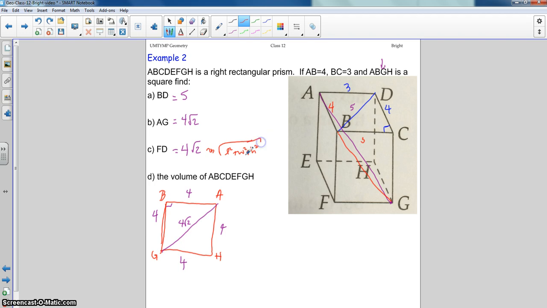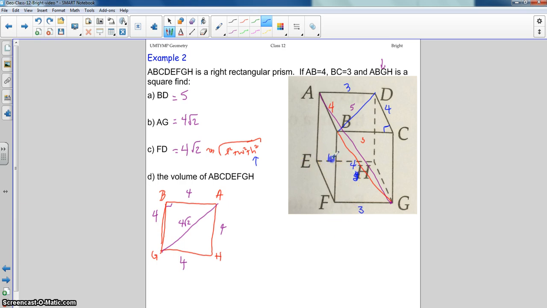And to get that height, we can actually do that right now. This is the only missing component. But from this diagram, I know that BG was 4, right? This was length 4. This was length 4. I also know that BC is 3. And then we know that the bases are parallel and congruent, so this would be 3.